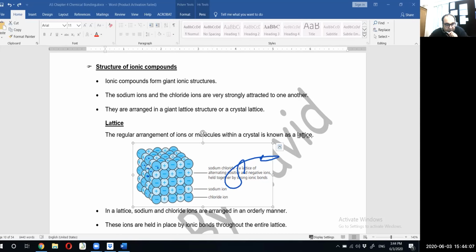If we take this positive here, let's take another color, this is one negative, the other negative, one here, one here. Four are surrounding it already, one below, one above. So each positive is surrounded by 6 negative ions, and each negative by 6 positive ions. Okay?